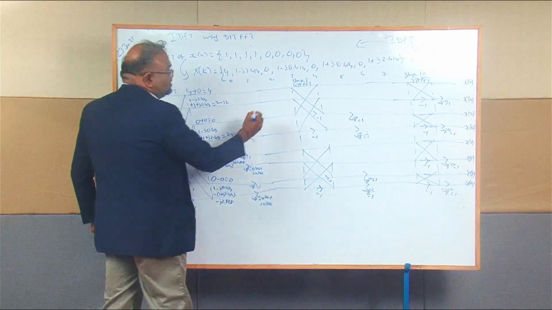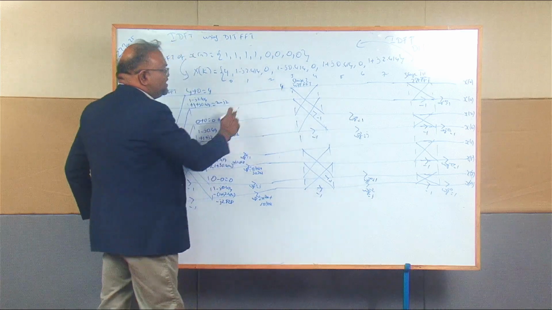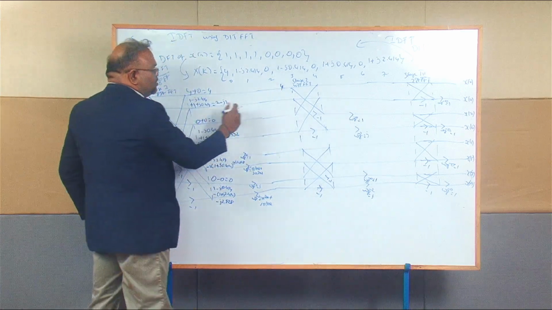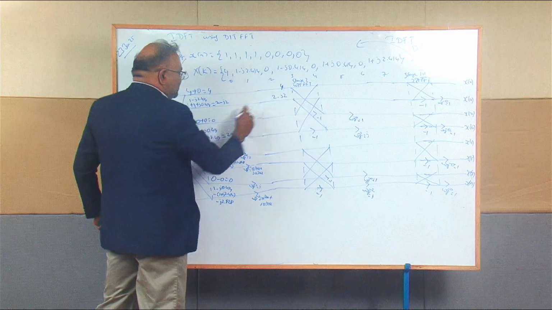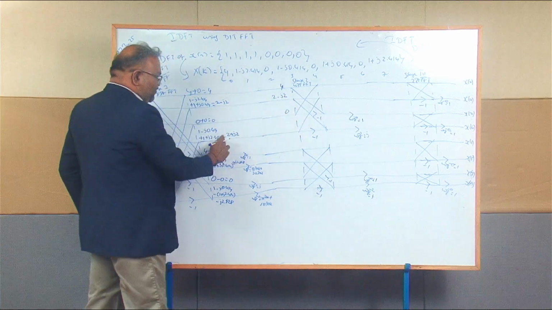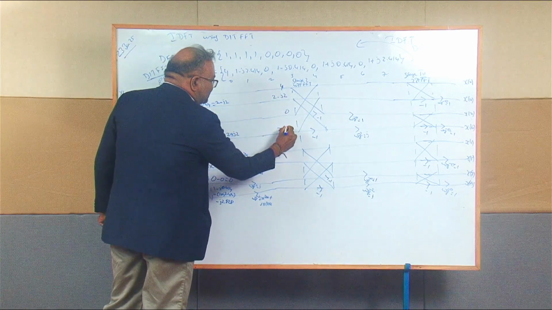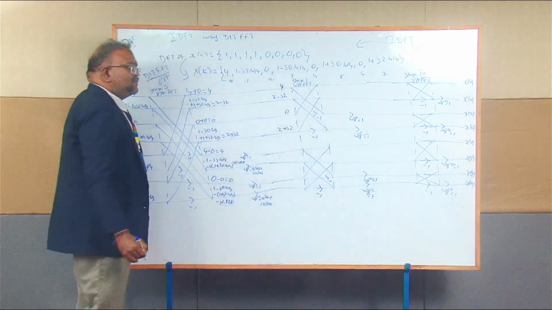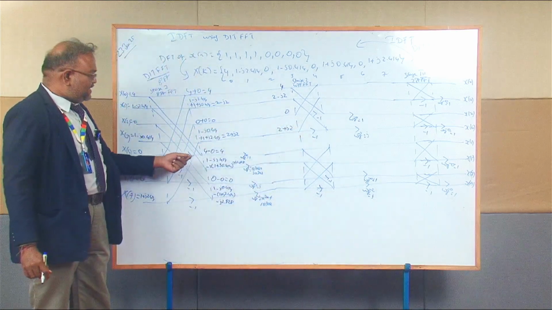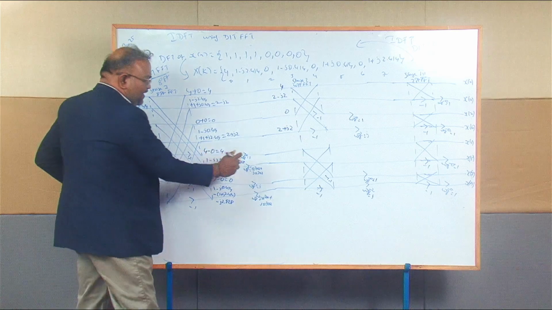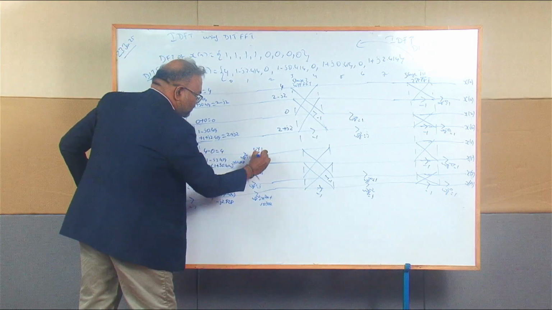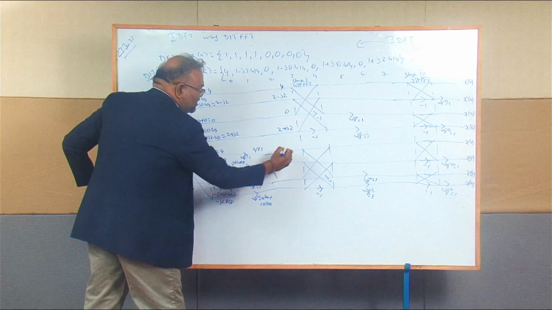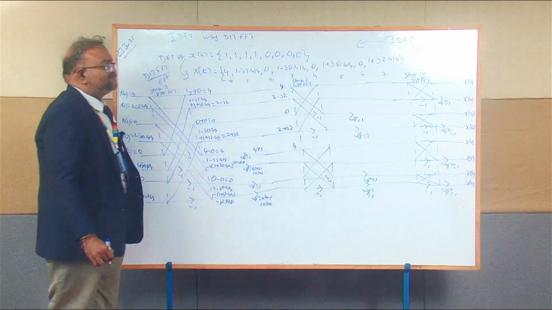So, here the first signal is 4. Second signal, 2 minus j2. Third signal, 0. Fourth signal, 2 plus j2. Okay, these signals I directly write. Next one, 4 into 1 here. Because the twiddle factor value is 1, my value here is 4.